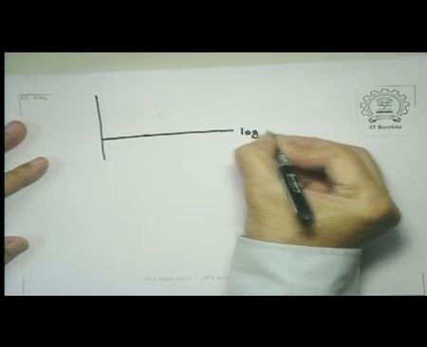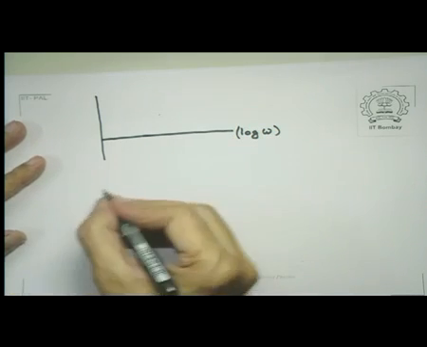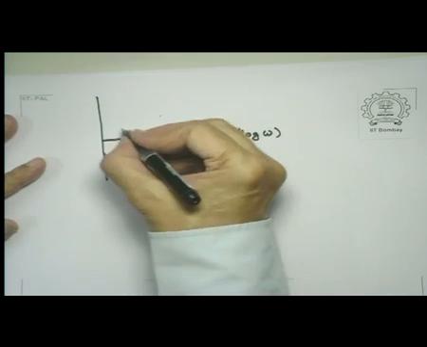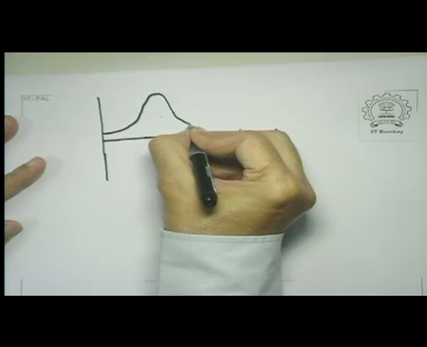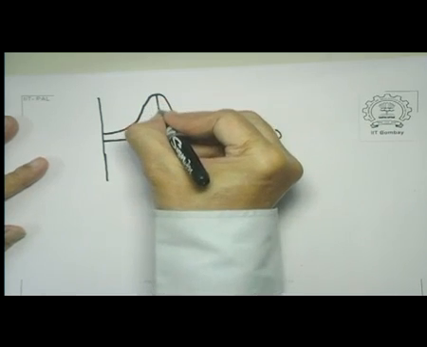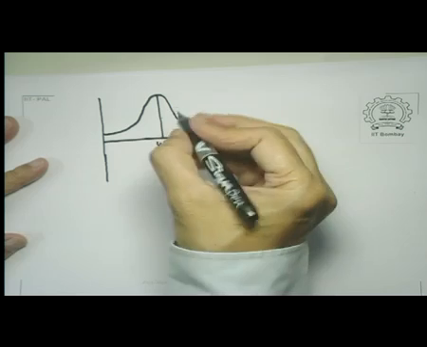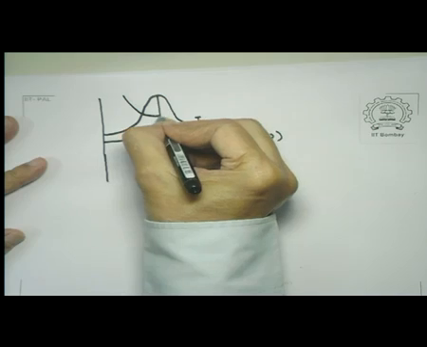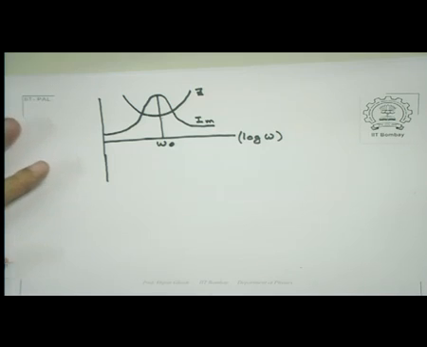It's a log scale, and in that, what you find is that corresponding to omega equal to omega 0 there is a peak in the current, so that the current would become like this, and so this is omega 0, and this is current, or current amplitude actually, and this is the variation of Z, the impedance. It has a minimum at the same place where the current has a maximum.